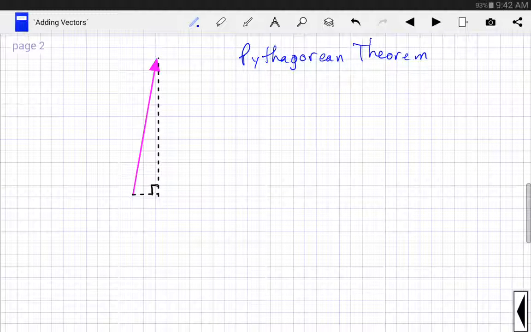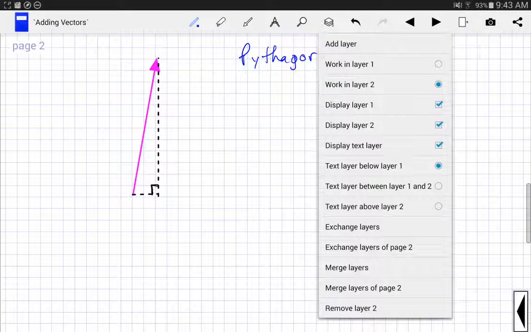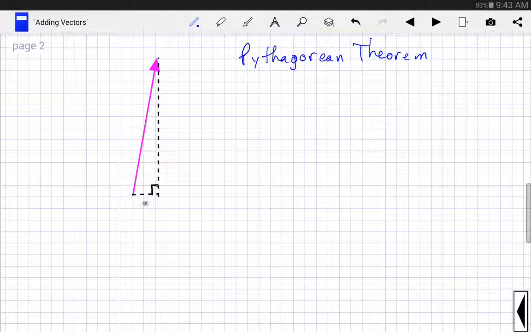The Pythagorean Theorem says that if you have a right triangle, and you label this A, this B, and this C, it's very important that we have C as the hypotenuse.